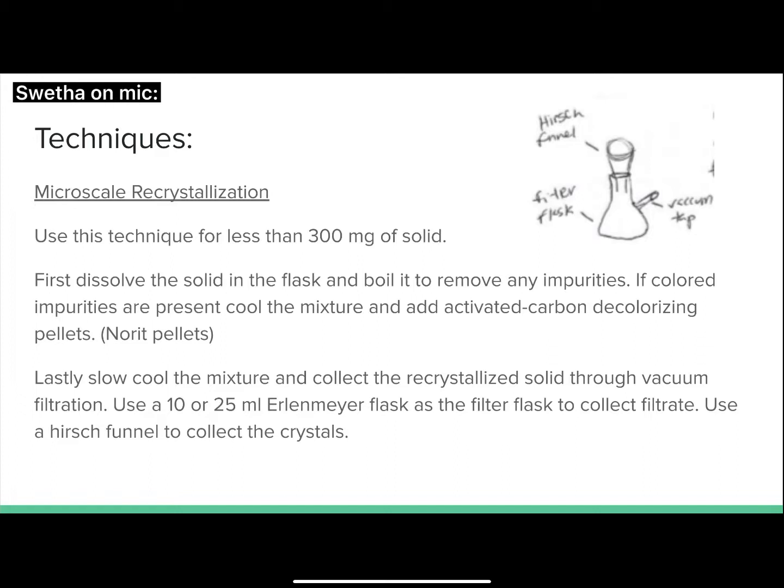Lastly, slow cool the mixture and collect the recrystallized solid through vacuum filtration. Use a 10 or 25 milliliter Erlenmeyer flask as the filter flask to collect the filtrate. Use a Hirsch funnel to collect the crystals. It is important to slow cool the mixture prior to filtration so that the crystals are pure. Hasty cooling can lead to impurities being trapped in the crystals.